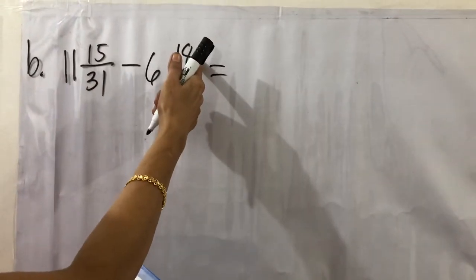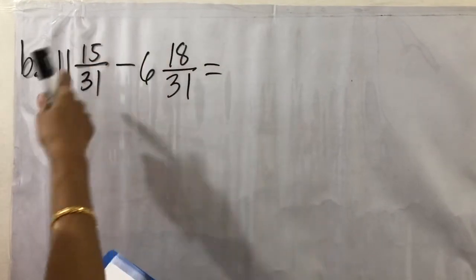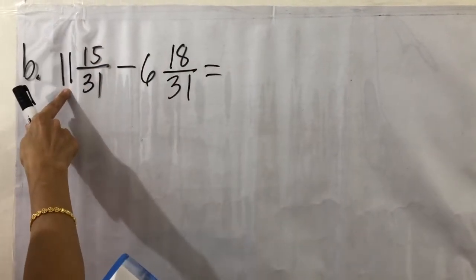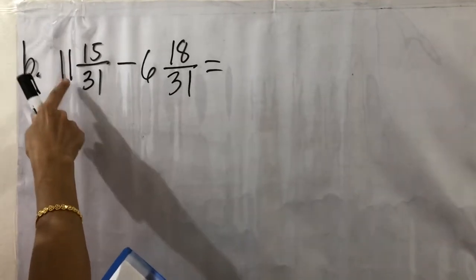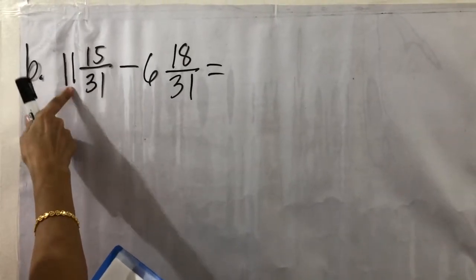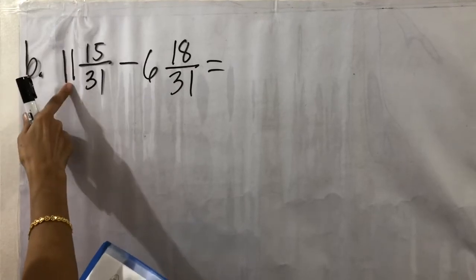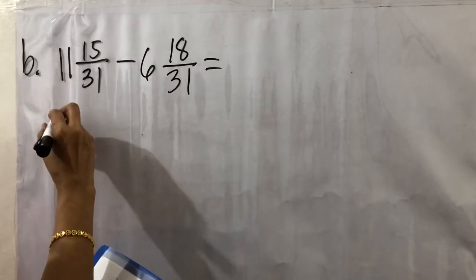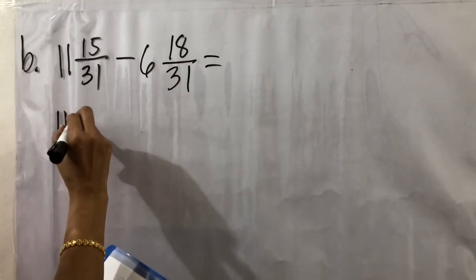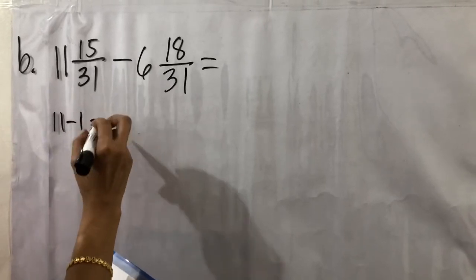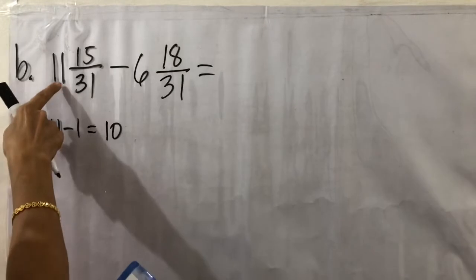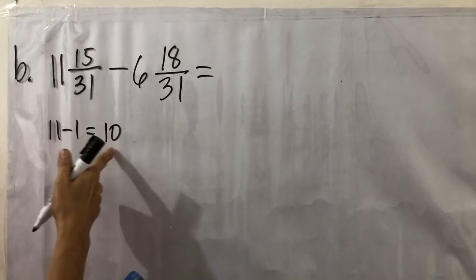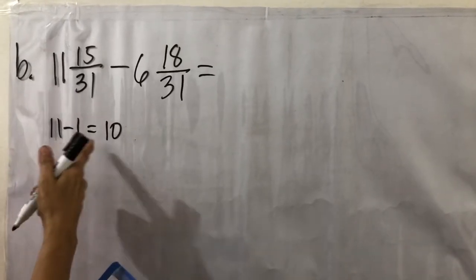Cannot be. So, what you're going to do is, you change 11 into mixed number. So, to change that one into mixed number, you subtract 1 from this. So, 11 minus 1, that is equals to 10. So, 11 now is 10. We subtracted 1.